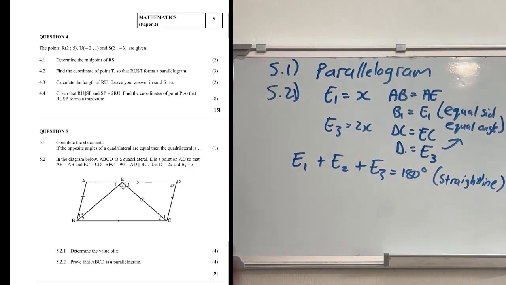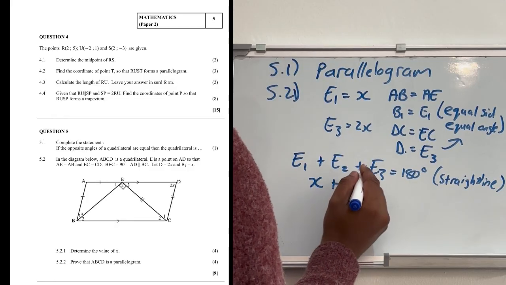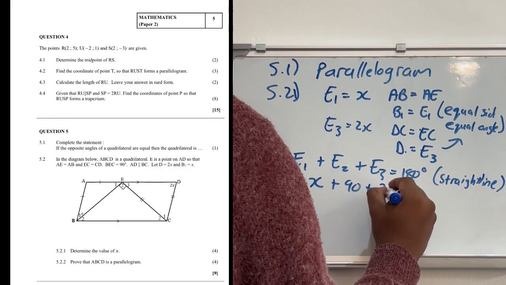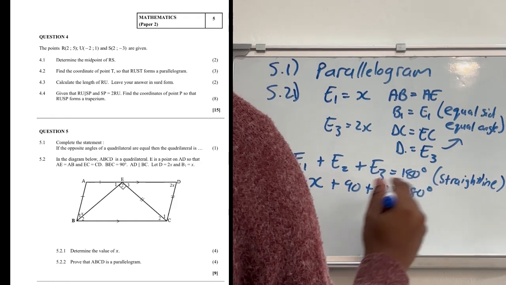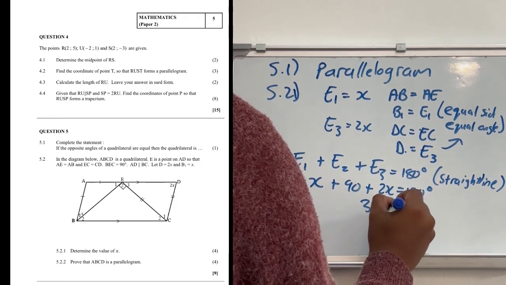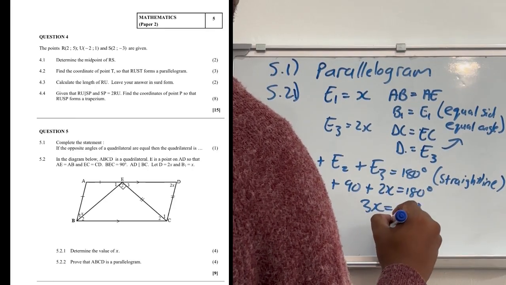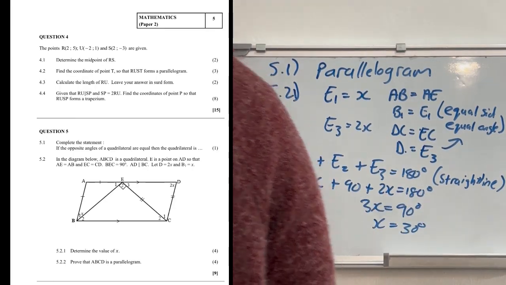So E1 is x, plus E2, which is 90, plus E3, which is 2x, is equal to 180. We have 3x on this side, and 180 minus 90 is 90. Then x is just 30 degrees.